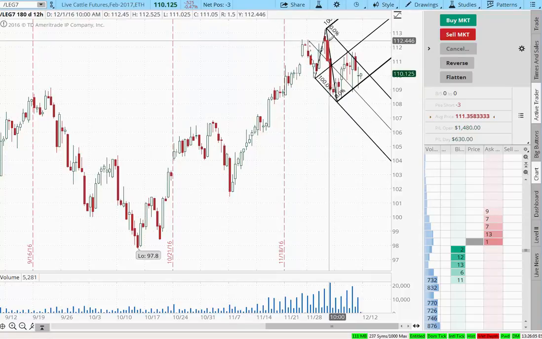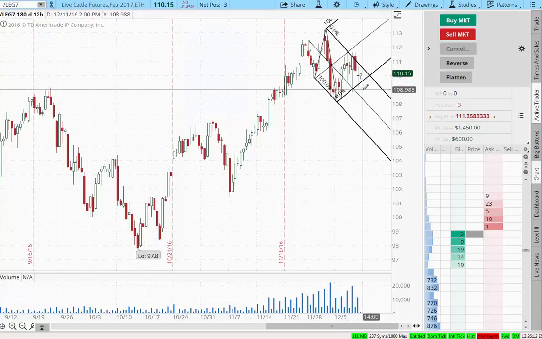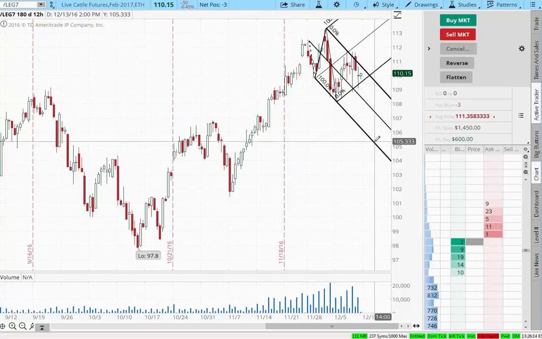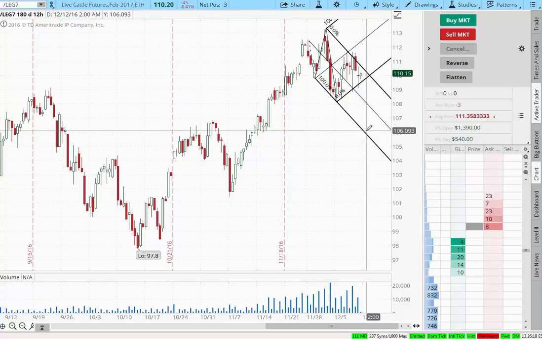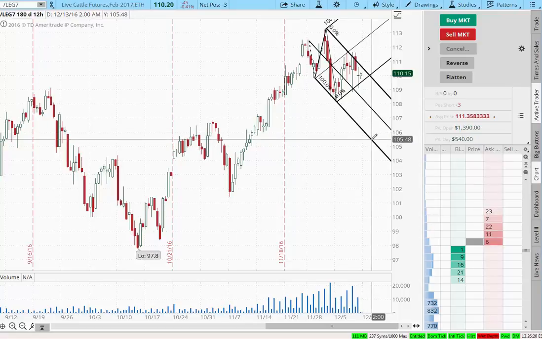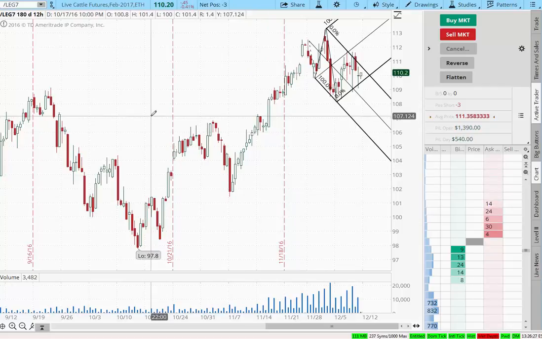Anyway, we're short from 111.80 to 111.35. So we're waiting and seeing until we get to a point that's down here considerably in order to take profits in this. Here you can see what the open position contains.